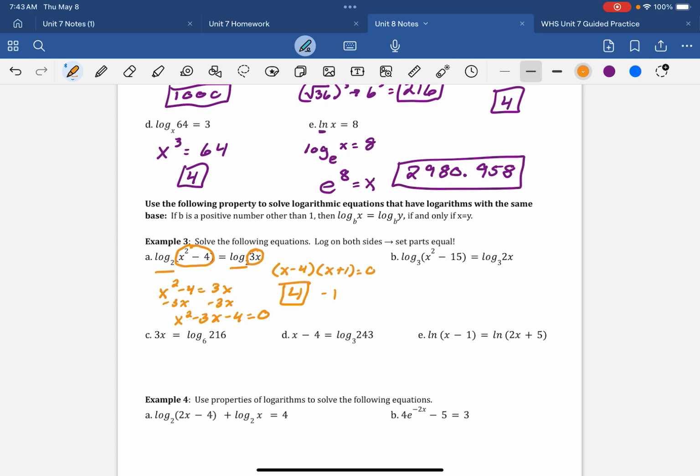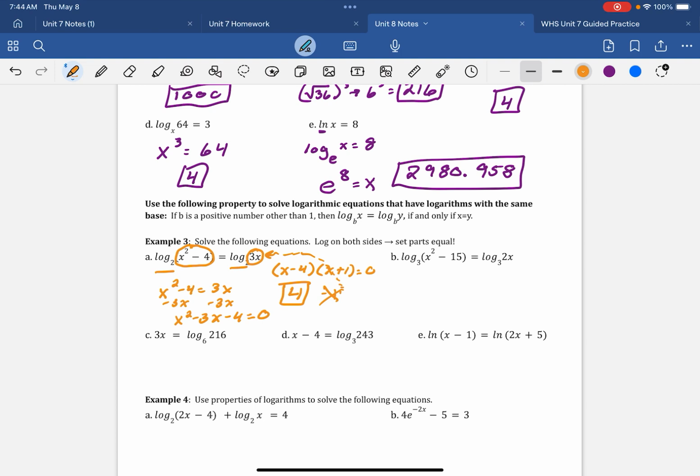So that works. If I plug negative 1 into here, I'm going to get log of negative 3. If you plug that into your calculator, that doesn't work. It's going to say domain error. So negative 1 will not work when you plug that in. You can get a negative solution as long as when you plug it in, it's positive.